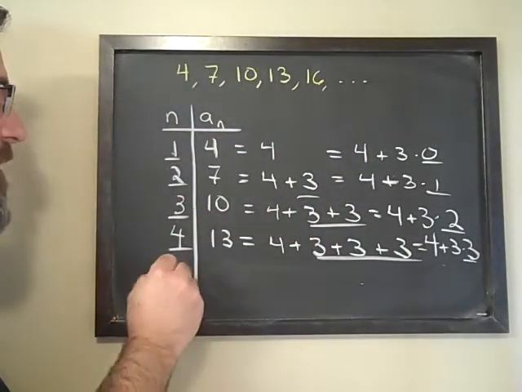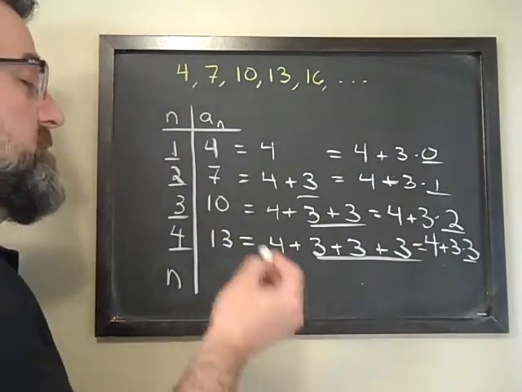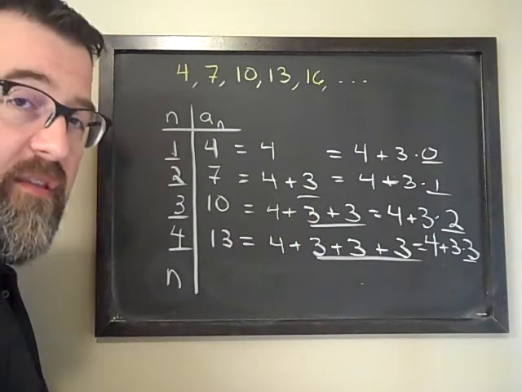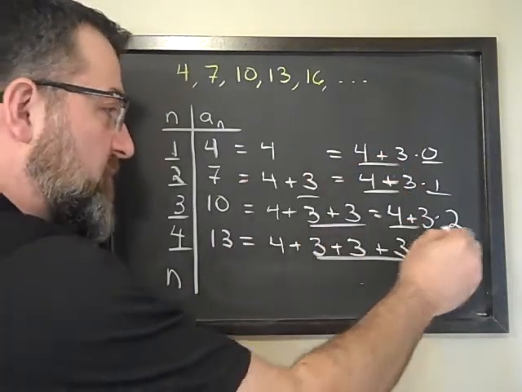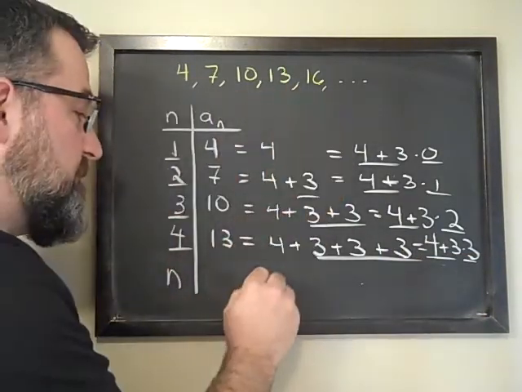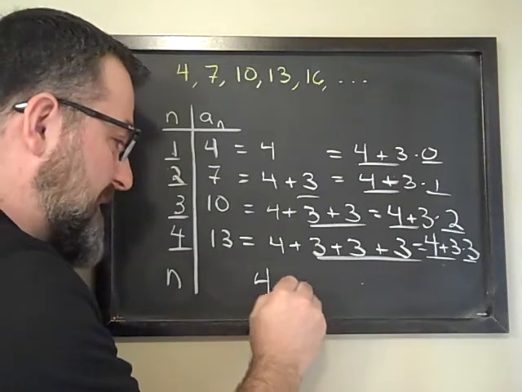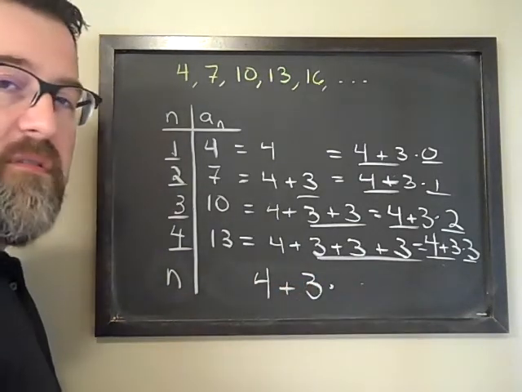So, what if I want it for any term? Well, let's not discount everything that's taking place. Every single one of them has 4 plus, 4 plus, 4 plus, 4 plus. So the nth term of that sequence has 4 plus 3 times, right?